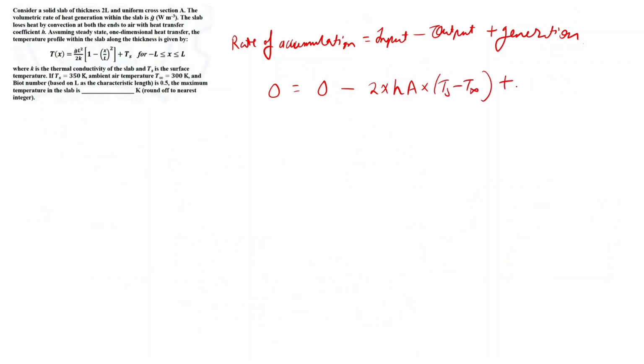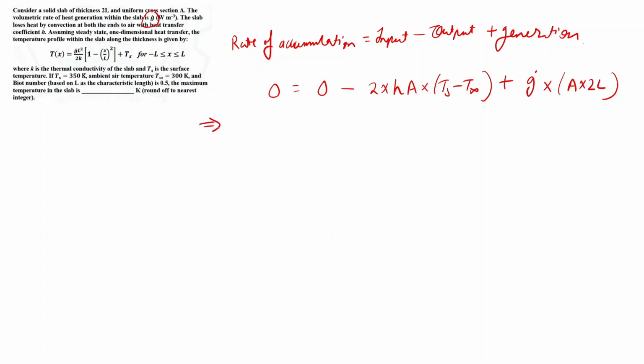plus the heat generation term we have been given as G dot, and this is watt per meter cube, so we have to change it into watt. We'll just multiply it by the volume of the slab. So G dot into the volume of the slab, which will be area into 2L. From here we can find the desired terms that are to be used in the previous equation.